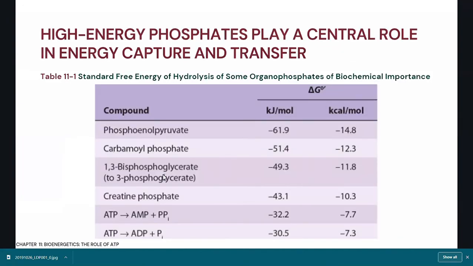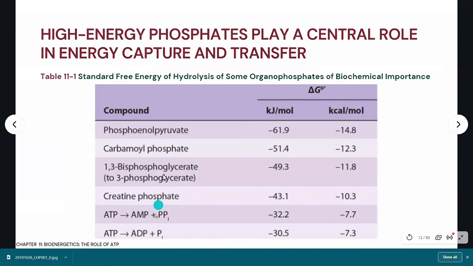Now this is a table for high energy phosphates. Okay. Where is your ATP? It's here. When ATP releases one phosphate, it produces 7.3 kilocalories per mole.